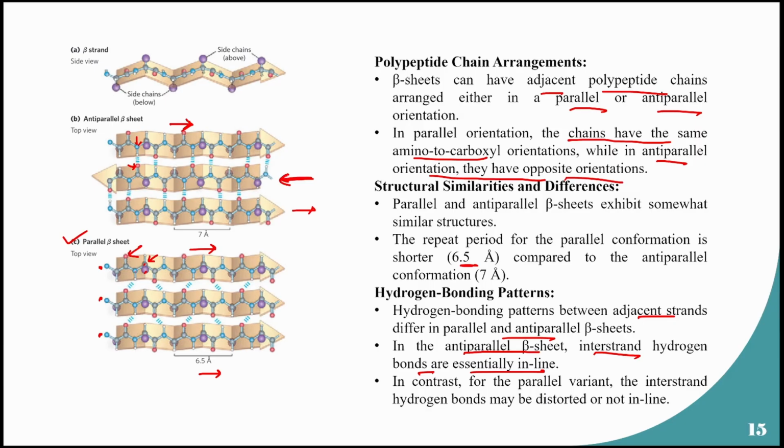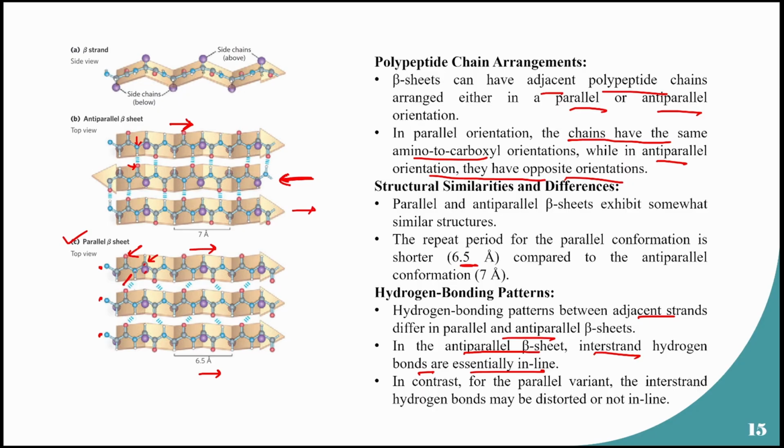So since the same atoms are not forming hydrogen bonds, because one nitrogen atom and one oxygen atom are interacting in this hydrogen bonding process, if the atoms are in line, the hydrogen bonding will have to form at an angle. So here, for example, this hydrogen bond is forming not straight in line, but at an angle.